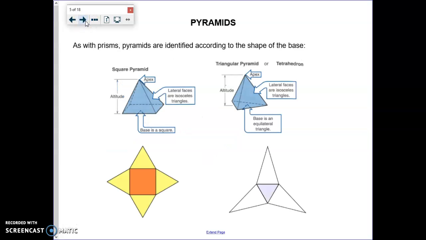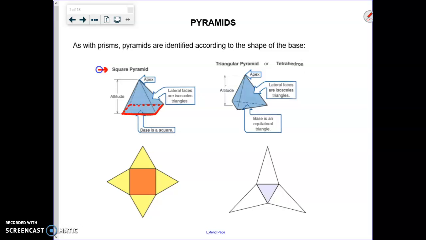So what I did here was, pyramids, like prisms, are identified according to the shape of their base. I gave the 3D picture here, and underneath I also gave the net of each of those, where we unfolded it. The first one here is a square pyramid. Why? Because it has a square base.